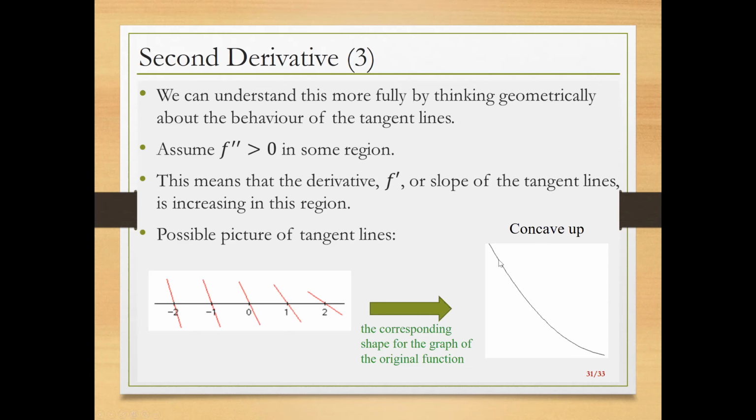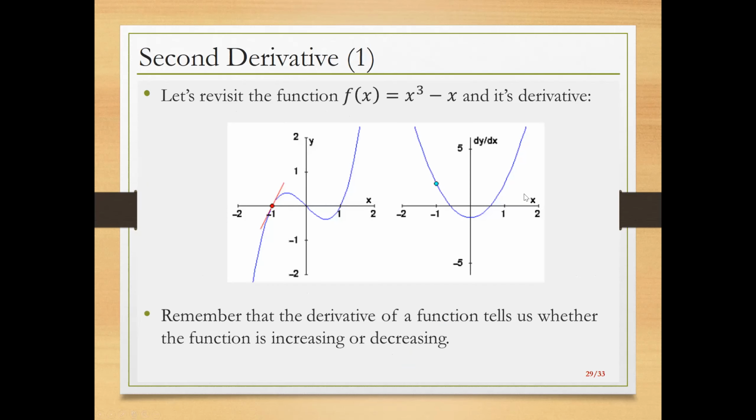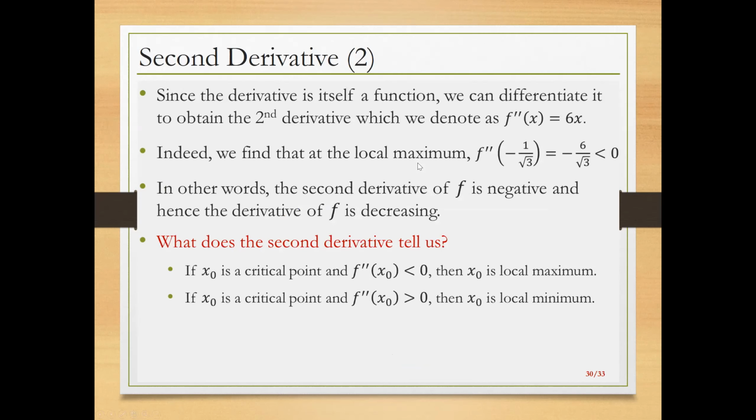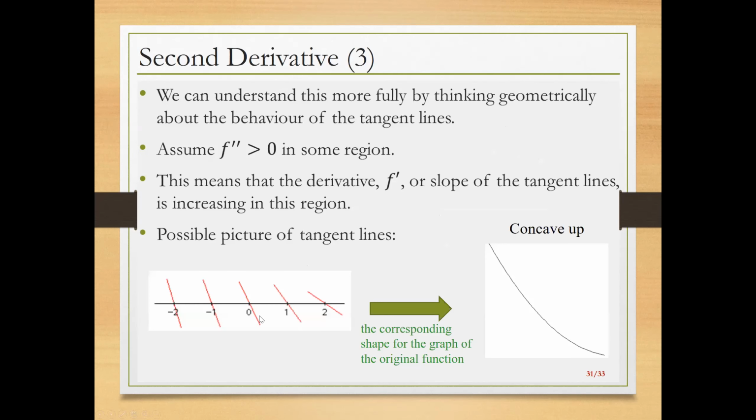At -2, -1, 0, 1, 2, for the function x cubed minus x. This is the first derivative, and you're drawing the tangent at these points. So that's what I'm doing. I'm decreasing it, and this is increasing. And therefore, I see this curve coming down, so I can say that this would be a local minimum.